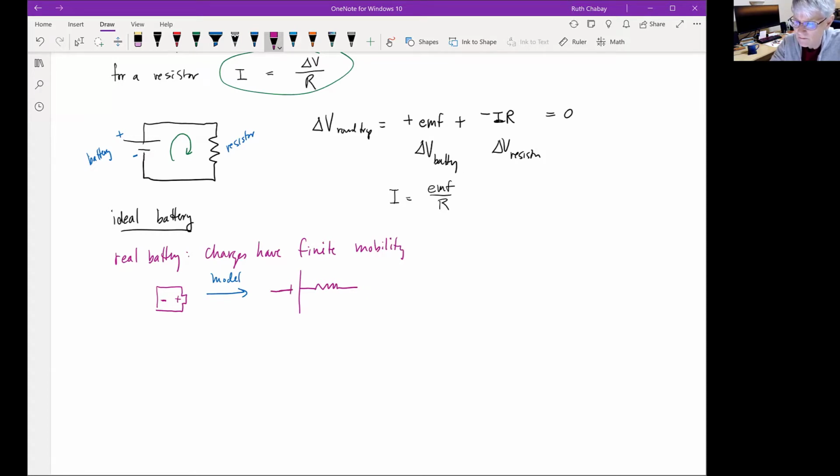So this whole thing is modeled as an ideal battery in series with a resistor.